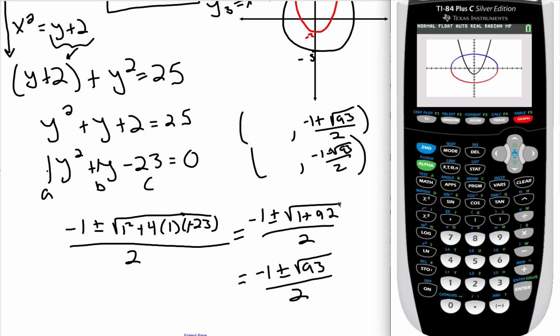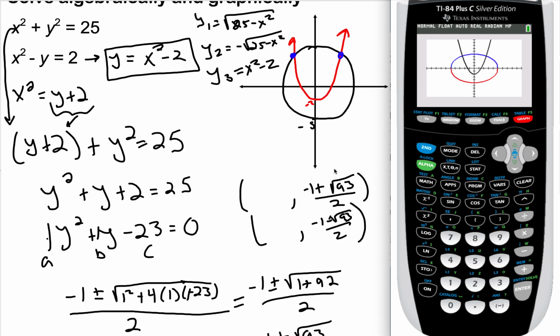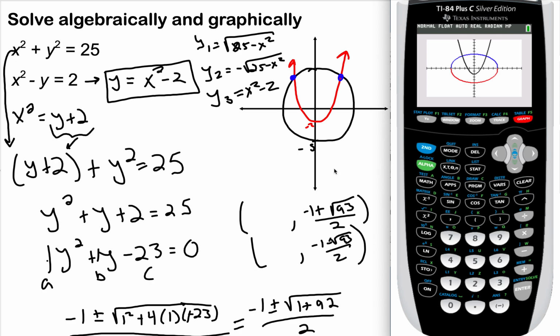And so what we want to do is we got to figure that out. Real quick, I'm just trying to verify that this is all going to work out, because I'm noticing 1 minus square root of 93 over 2 is going to be a negative number. I wonder what's going to happen when we do this. So let's go ahead.